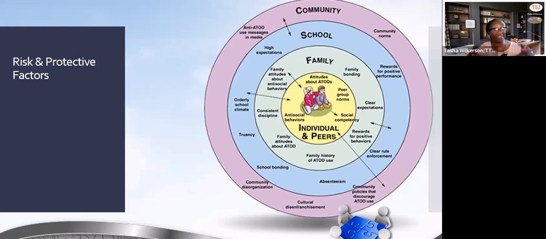If they don't have those skills, that's a risk factor, and then we're building them. The family is building them, the school is building them, the community is building them. These are comprehensive approaches to the work that we do in prevention. We don't work in silos. We work collectively together, and we do this work together. I'll send you that list as well.